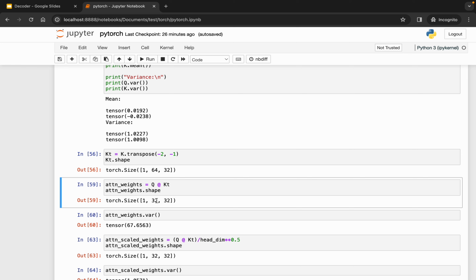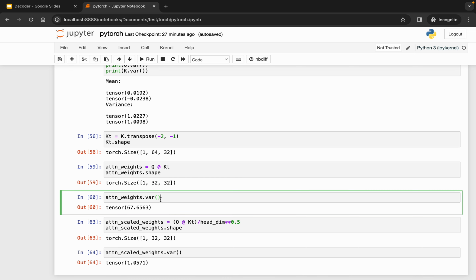So what does that mean? Each of the tokens, that is 32, will give importance to the rest of the 32. That's what you can verbally read it as, right? Let's try to check the attention weights calculated. If you see it, it is 67.